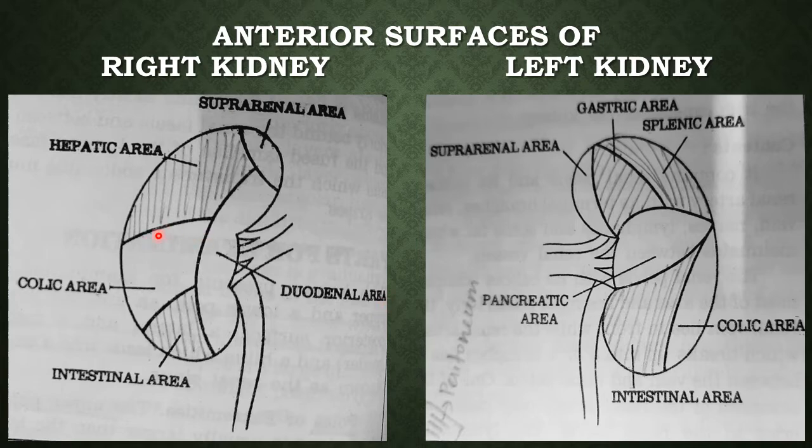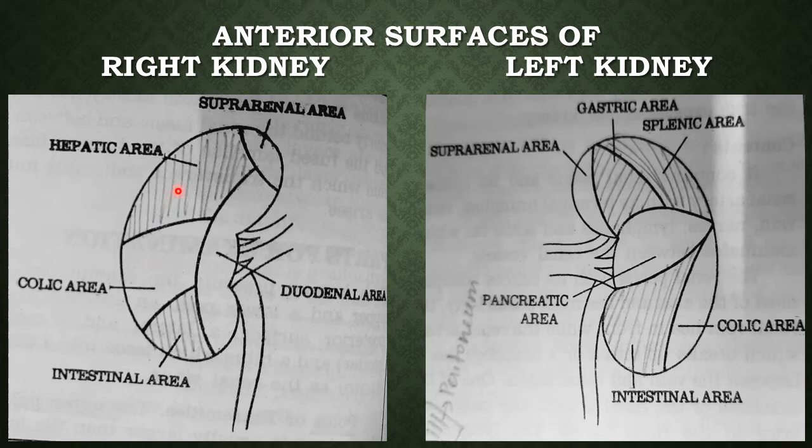Then lateral to that, the upper one-third area is covered by the liver, the hepatic area. Then the middle one-third part is by the colic area, the right colic flexure. Then the lower one-third part is covered by the intestinal area.